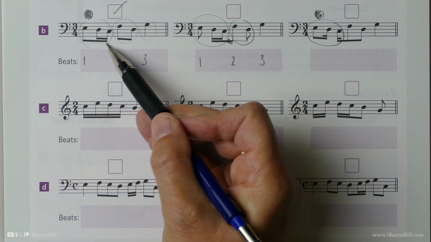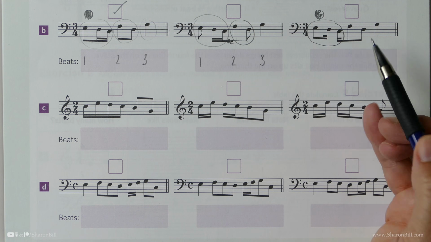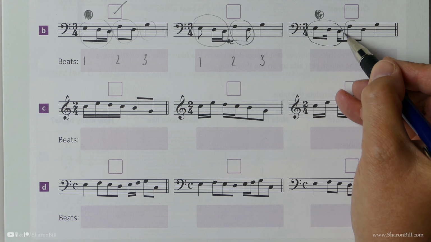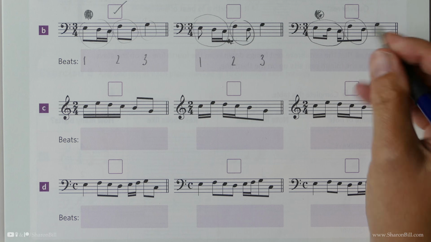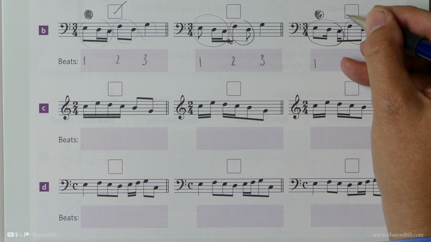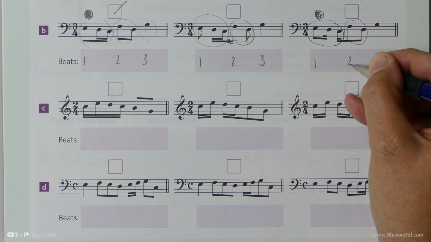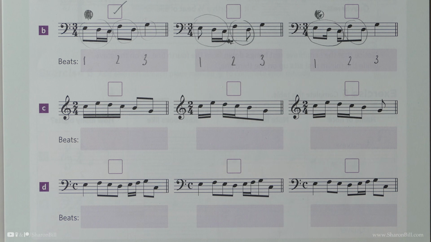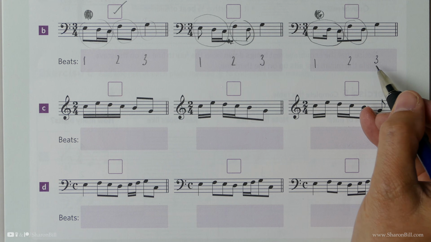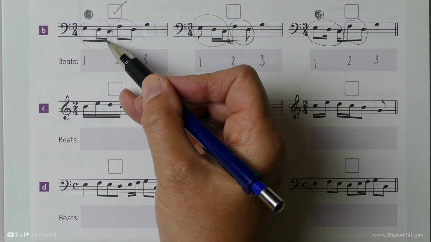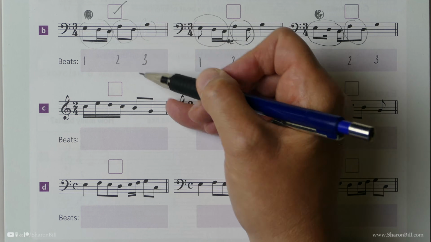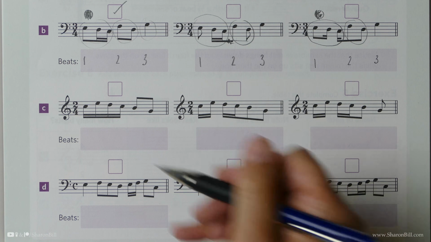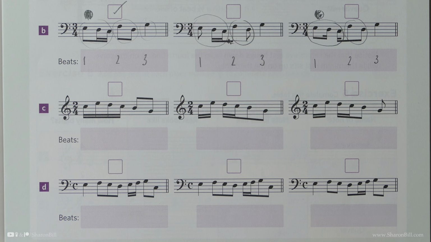You can see there's beat 1, but incorrectly grouped. There's beat 2, there's beat 3. So then you can see once you've found the correct groupings, it's easy to place the beats. So have a go at the remaining exercises and then we'll check through them together.